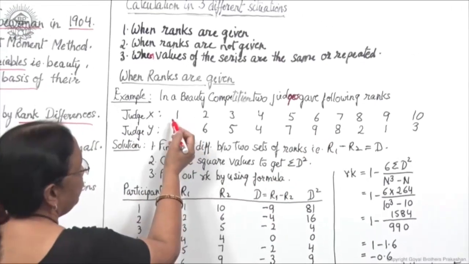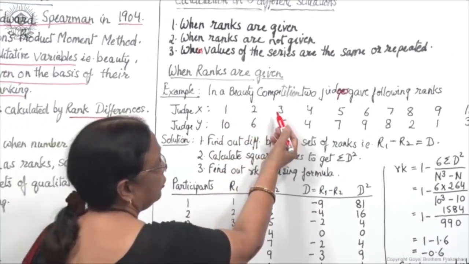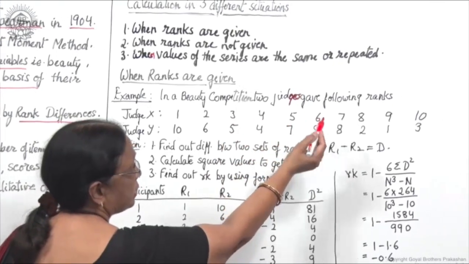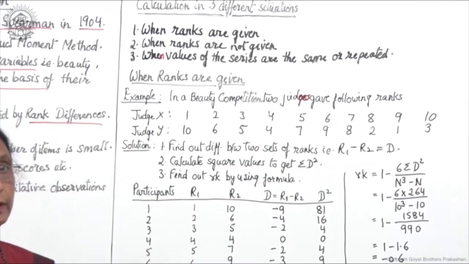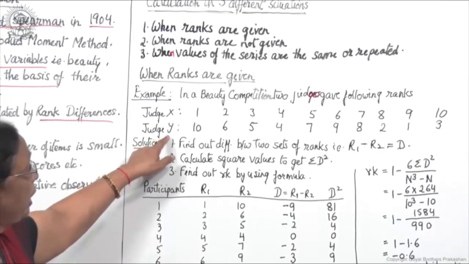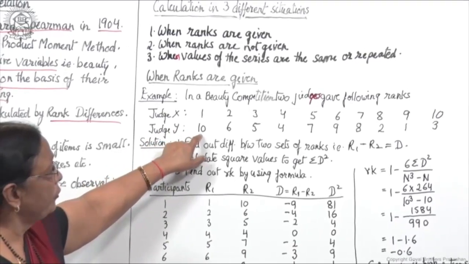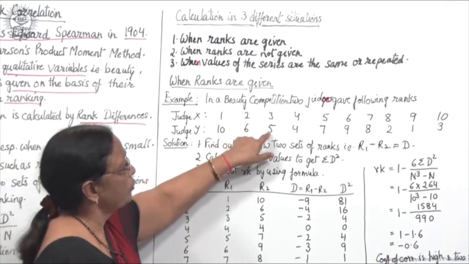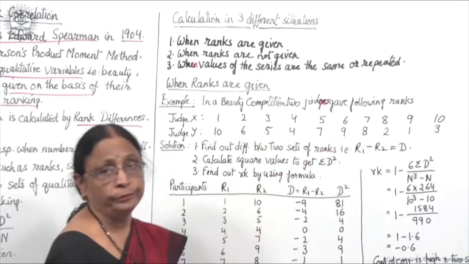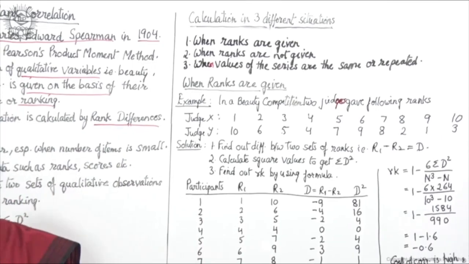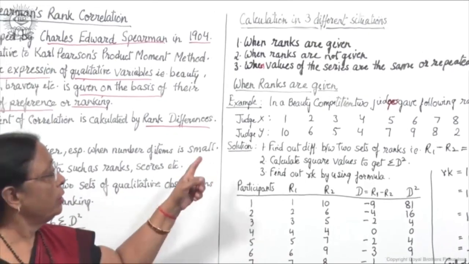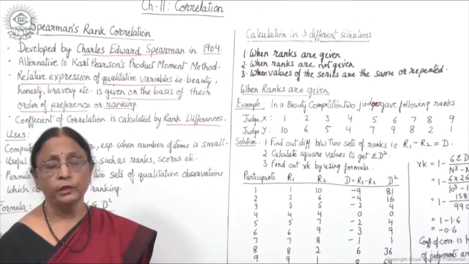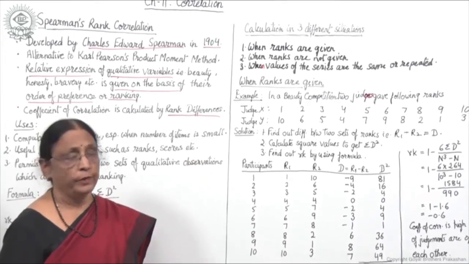First one was given first rank, second one second rank, third one third rank, fourth, fifth and sixth and so on, right? Judge Y has given 10th rank to the first one, 6th rank to the second one, 5th rank to the third one and so on. Now we have to find out what is the correlation of ranks given by two judges, right?